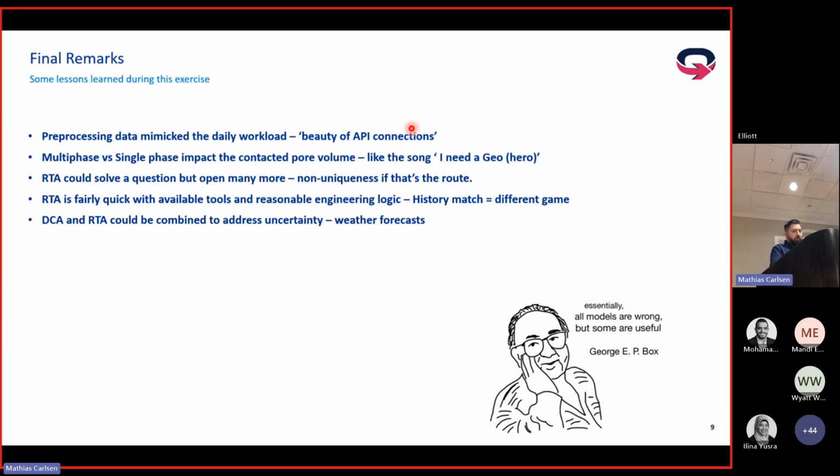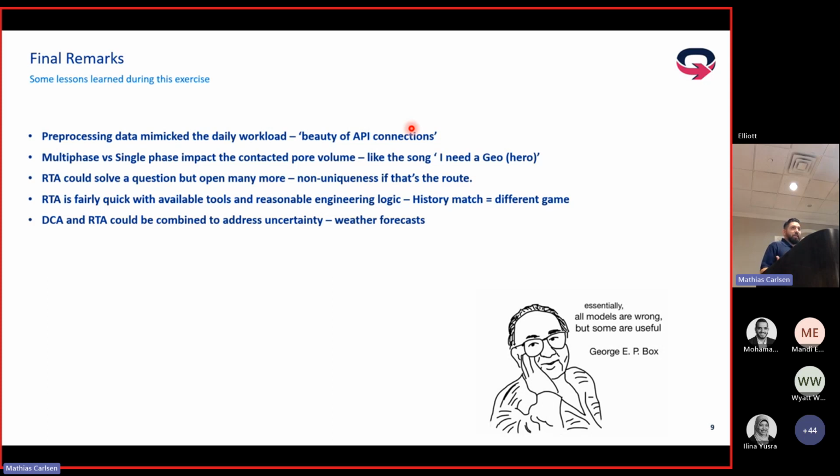So, final remarks. Pre-processing data was easy, with API connections that we have at NQT, so I didn't have to do anything, just sit down and start my analysis right away. Multi-phase versus single phase, I didn't see any impact there. RTA could solve one question, but it will open many more, as we could tell during the presentations.